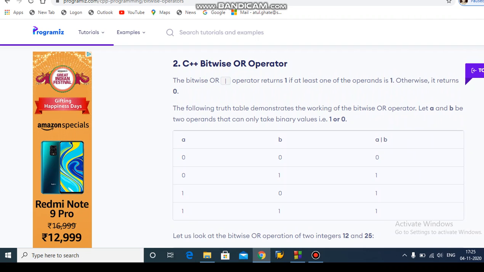So the bitwise OR operator returns 1 if at least one of the operands, A or B, is 1. Otherwise it returns 0.